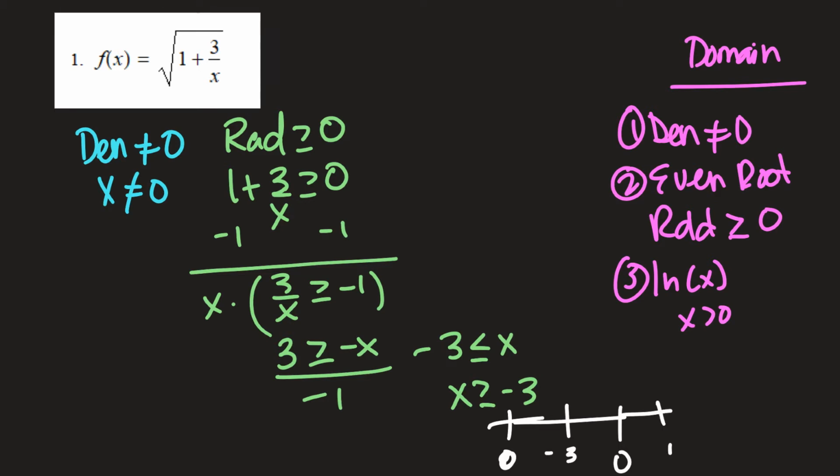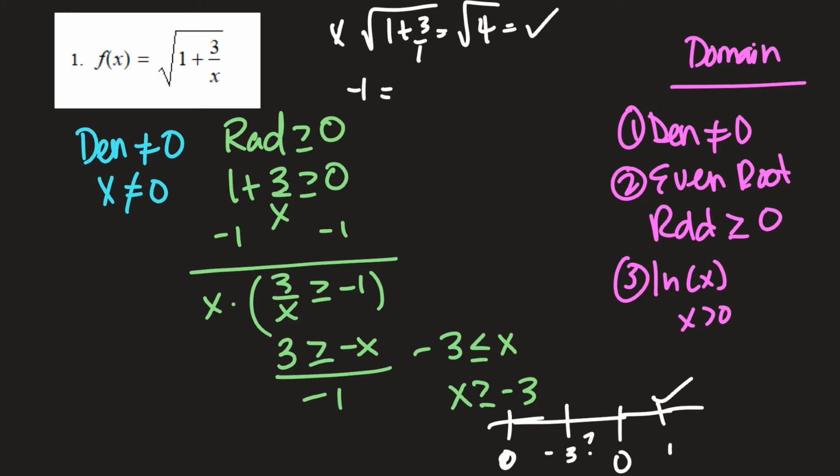If I plug in 1, I get the square root of 1 plus 3 over 1, which is the square root of 4, which checks out. We know it can't be 0, so let's try negative 1. Negative 1 would be the square root of 1 plus 3 over negative 1, which would be 1 minus 3, which is a no-go. So this section doesn't check.